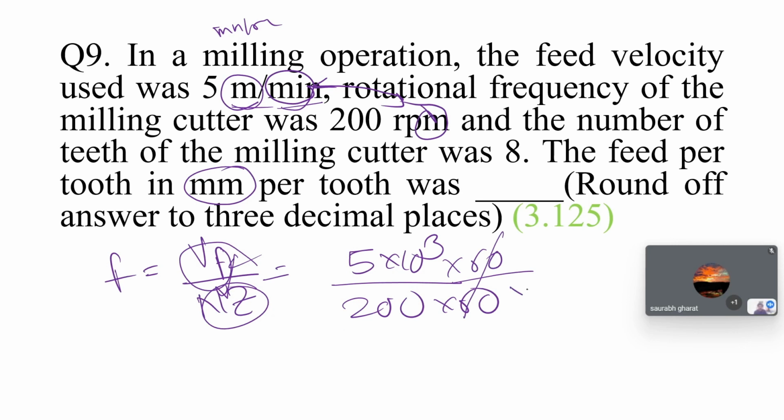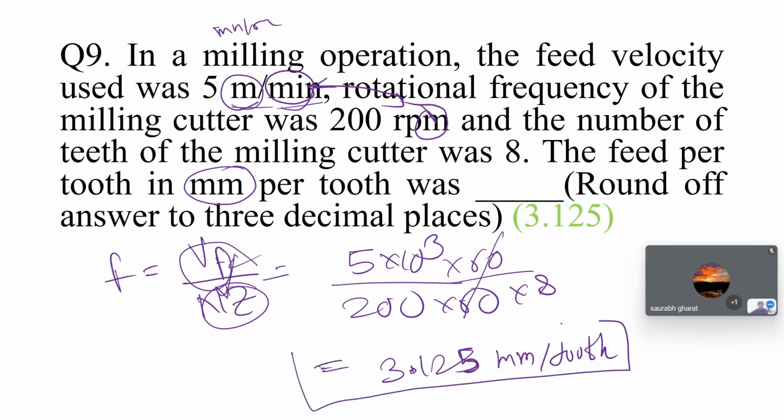And your Z will be 8. So your answer will be 3.125 millimeter per tooth. This will be your answer.